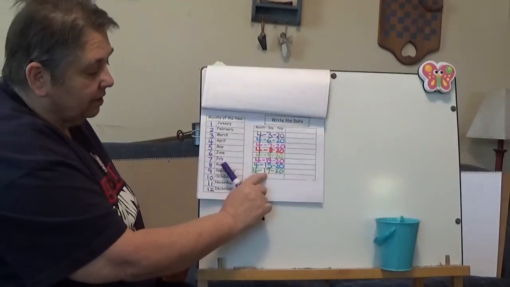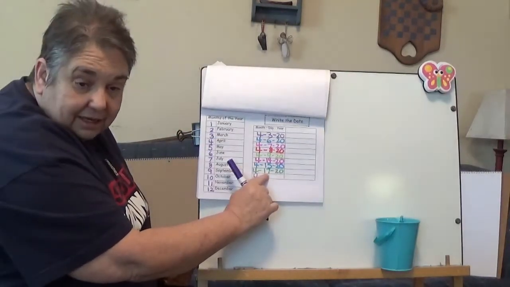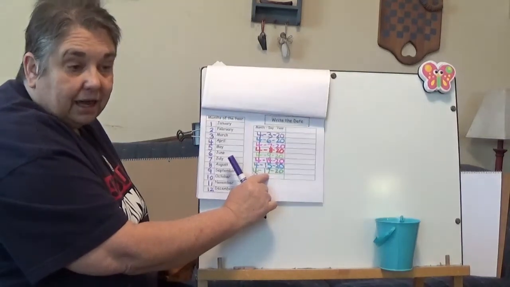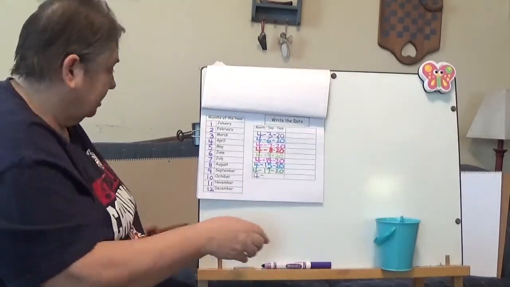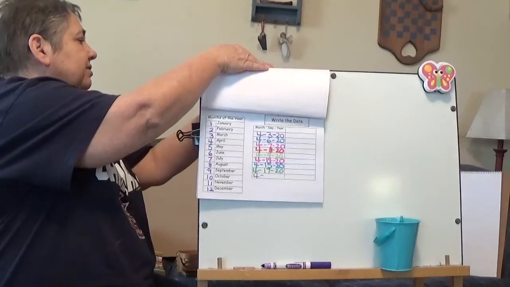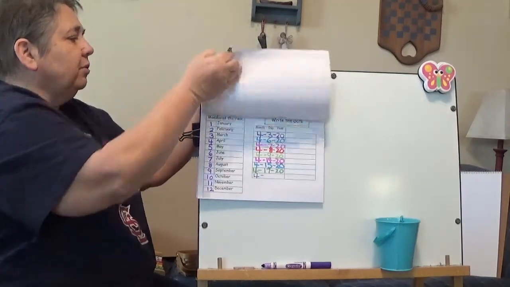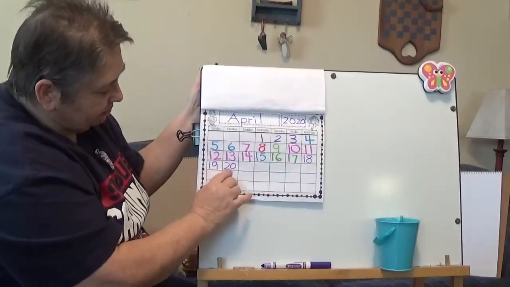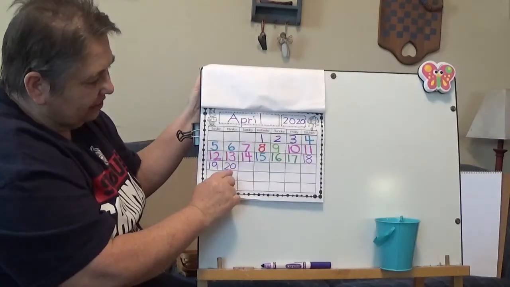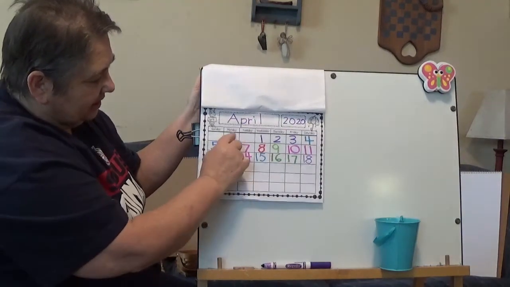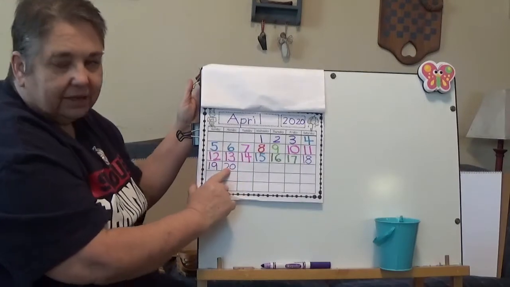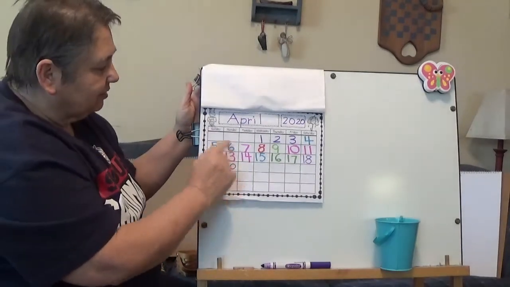Now remember, 17 is the last number we had on here, but that is not yesterday's date. And so, if we're not sure, we can look back to see what today's date is, the 20th. Today is Monday, the 20th. Let's go ahead and do our days.